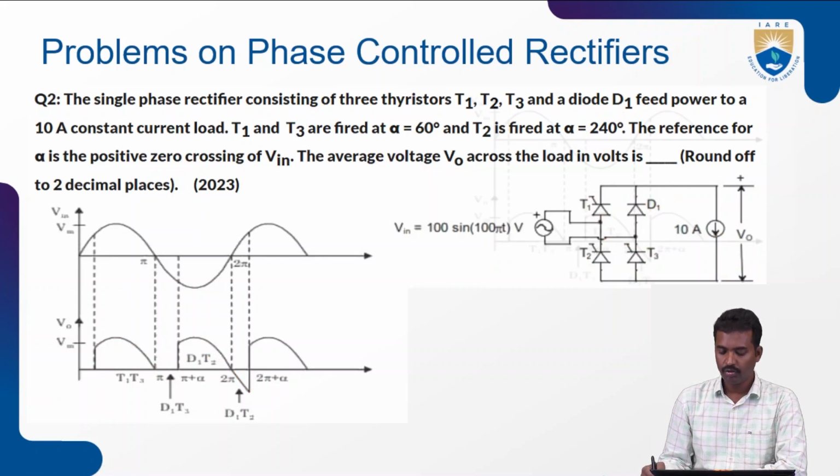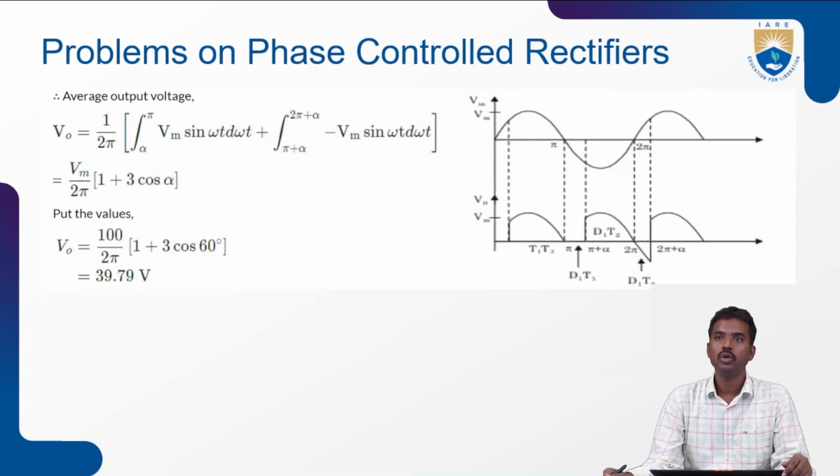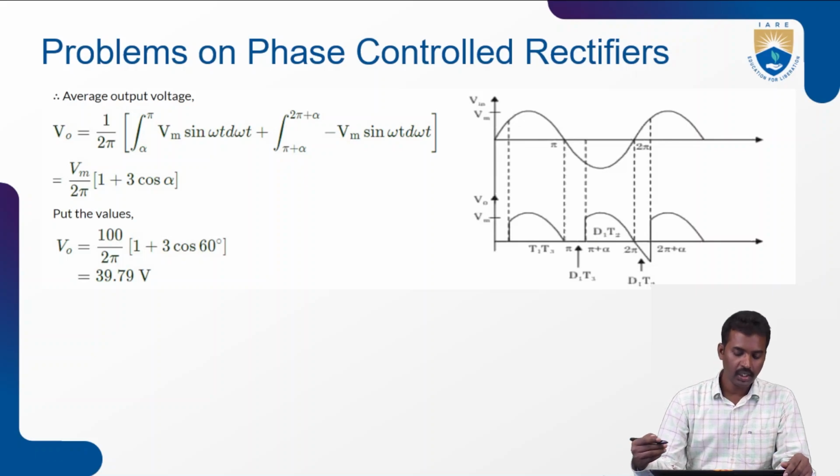How will we calculate the average value? It is the area under the curve divided by the total time period. The time period is the time taken to complete one cycle, that is T equals 2 pi.